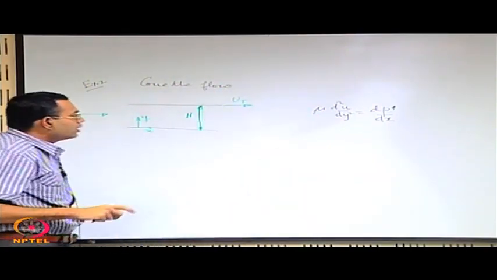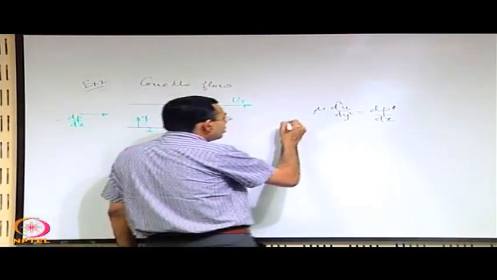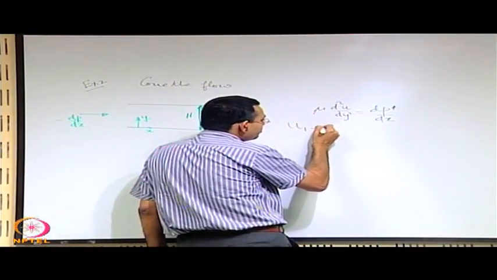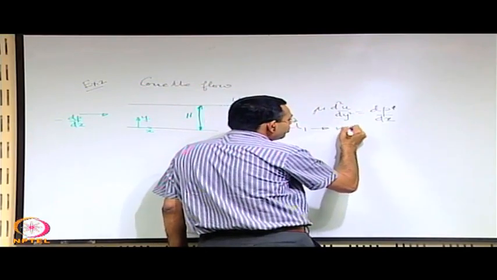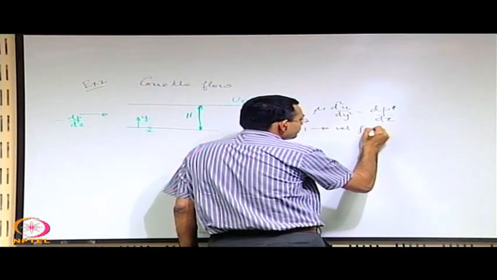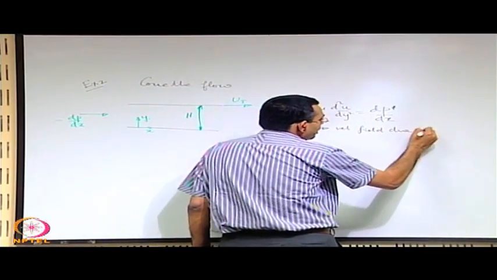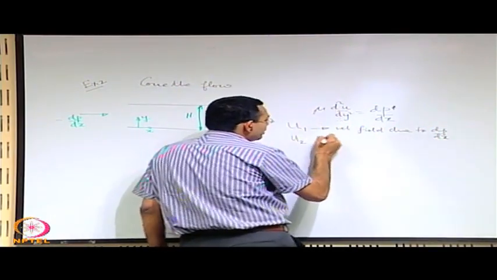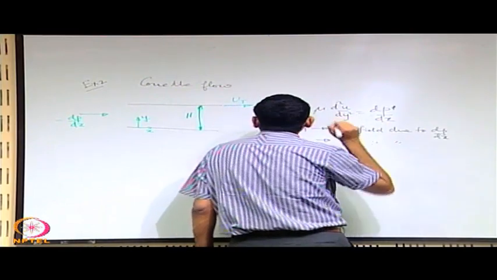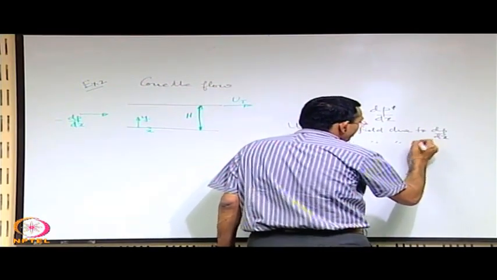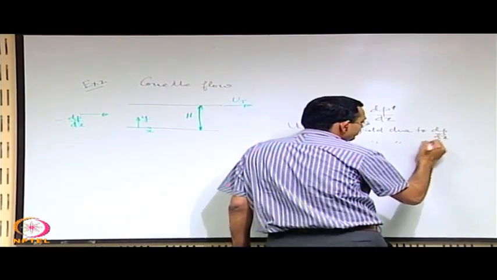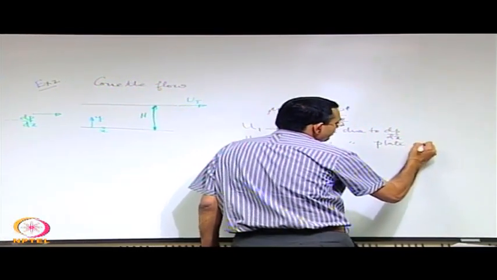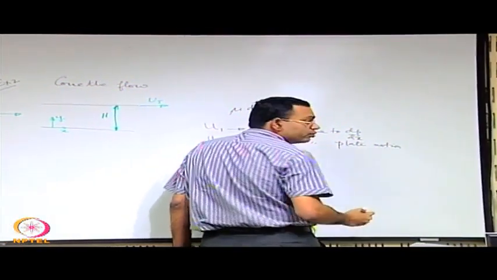So we will consider u1 to be the velocity field due to the pressure gradient, and u2 the velocity field due to the plate motion, that is, the induced shear.